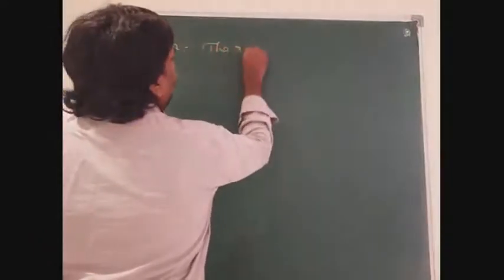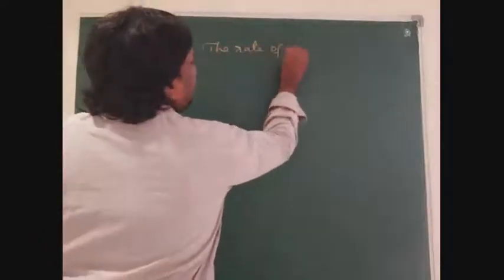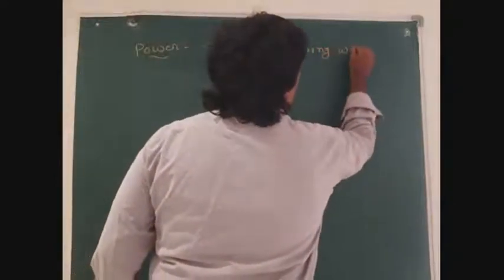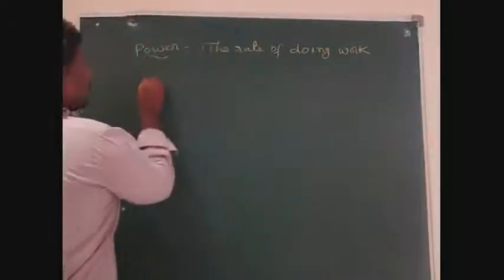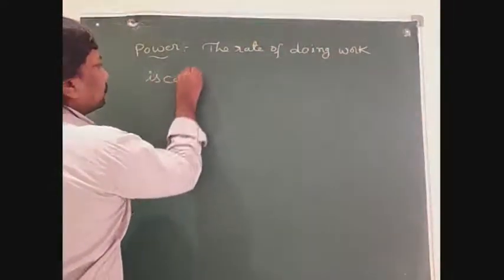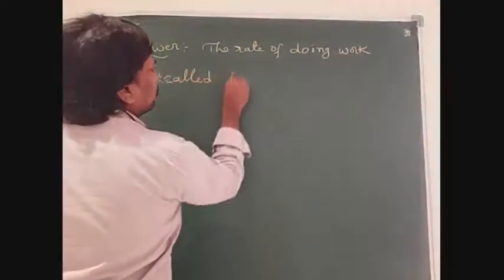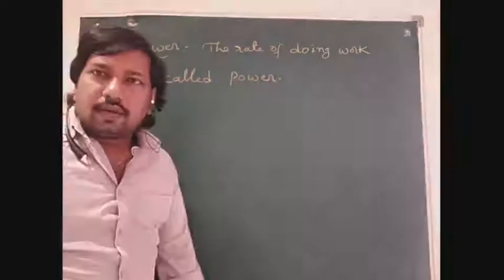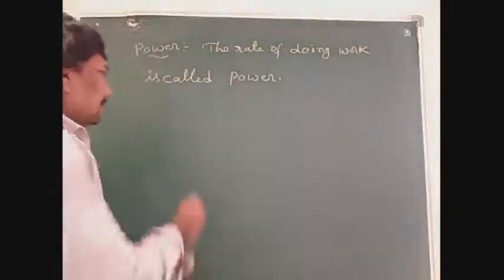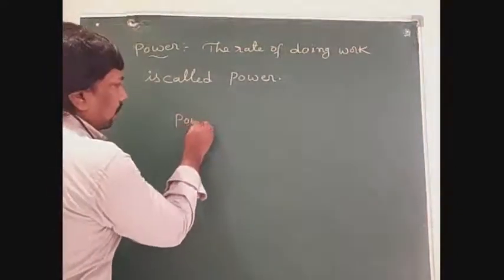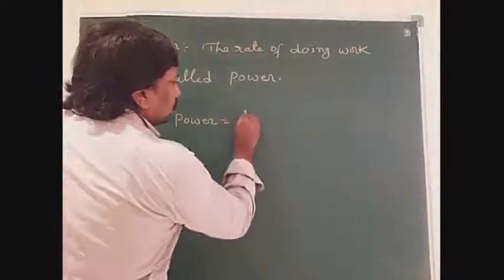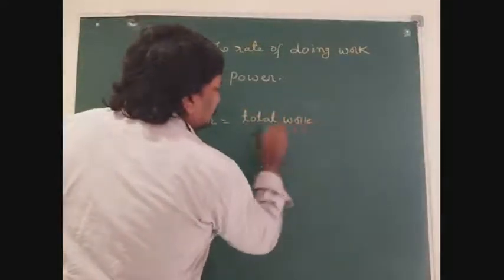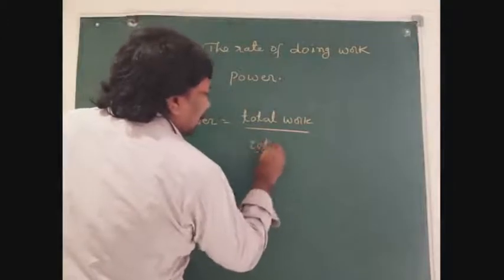The rate of doing work is called power. So here power is equal to the ratio of total work to total time.